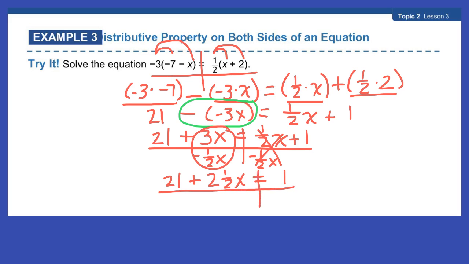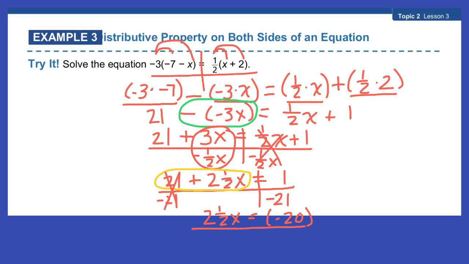We are going to add or subtract, but remember you're going to look over here for the constant. I'm going to bring 21 down to 0. Bring down, bring down.